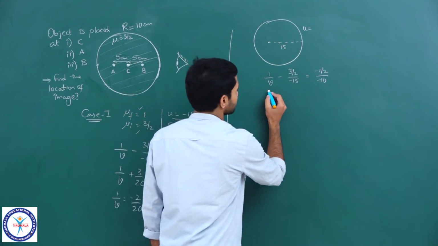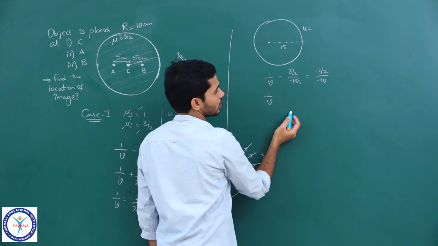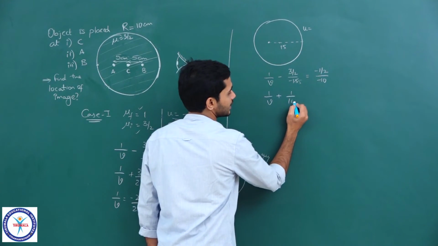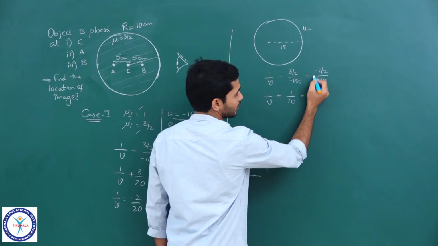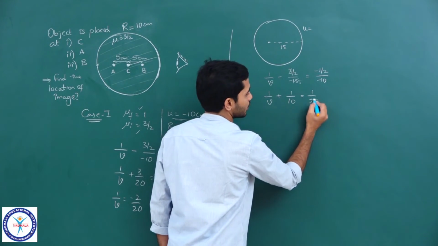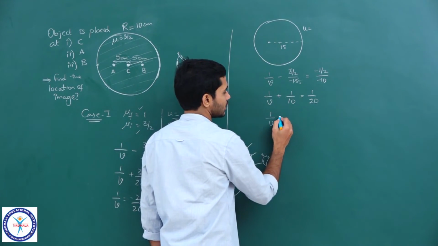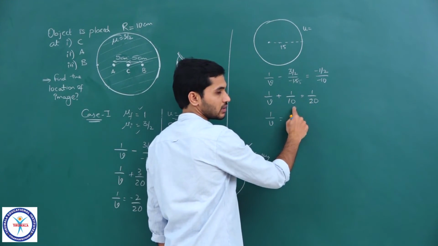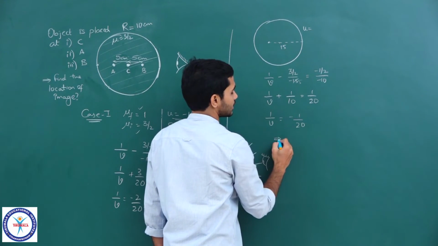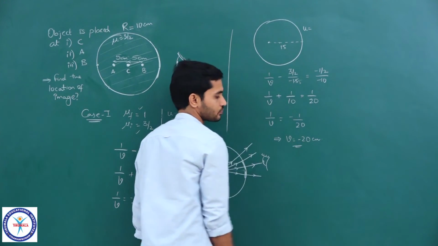What do we get? 1 by v. So, 3 1s and 3 5s; minus and minus get cancelled, I will get plus. So, 1 by 10 is equal to, minus and minus cancelled, 1 by 2 by 10, which is 1 by 20, correct. So, simplifying this, I get 1 by v is equal to 1 by 20 minus 1 by 10, which is minus 1 by 20, which implies v is equal to minus 20 centimeters.